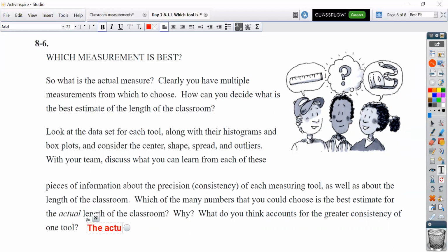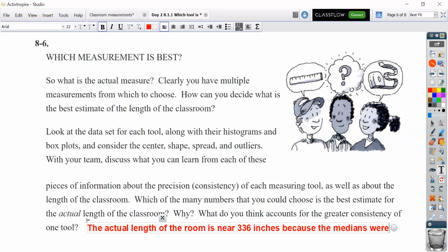The actual length of the room is near 336 inches because the data, the medians, were close and the data was evenly spread out.